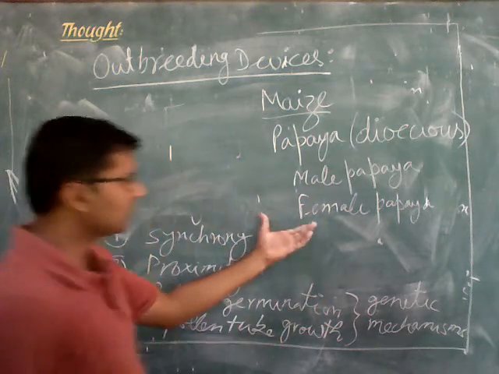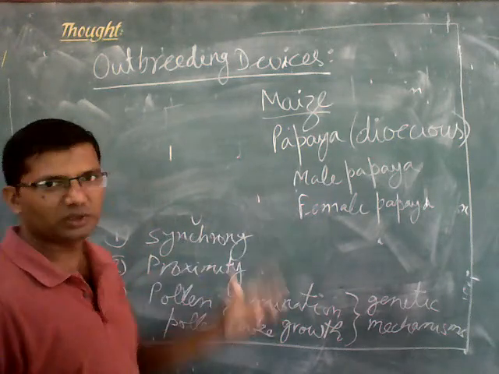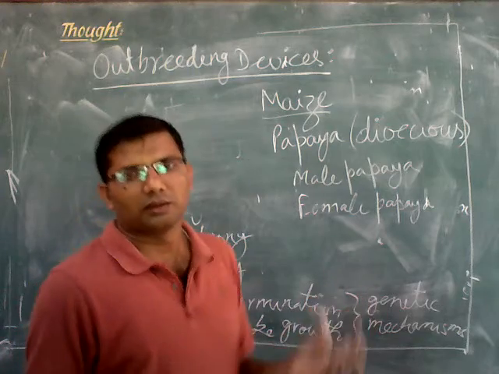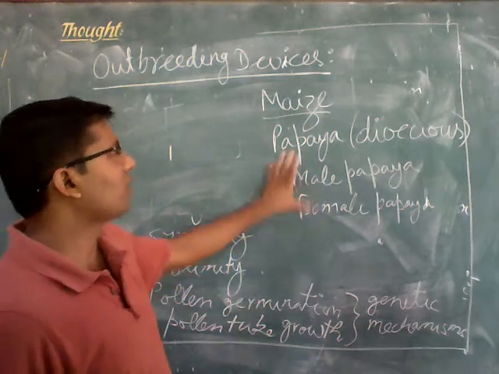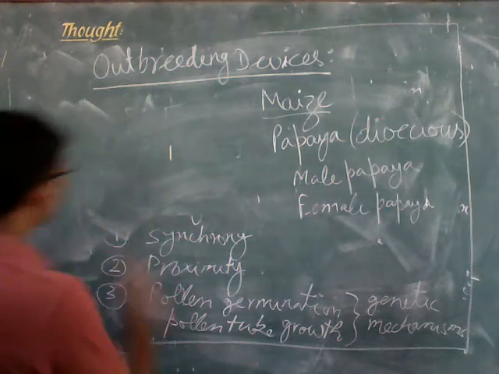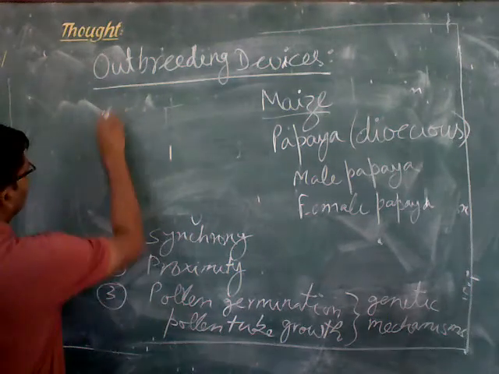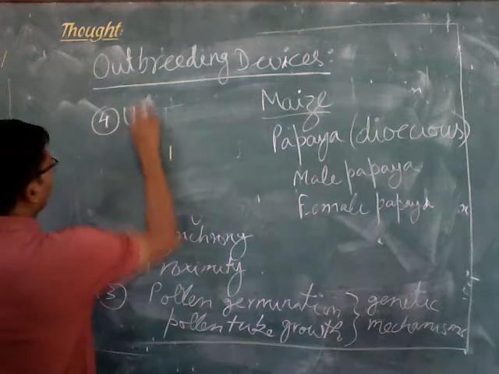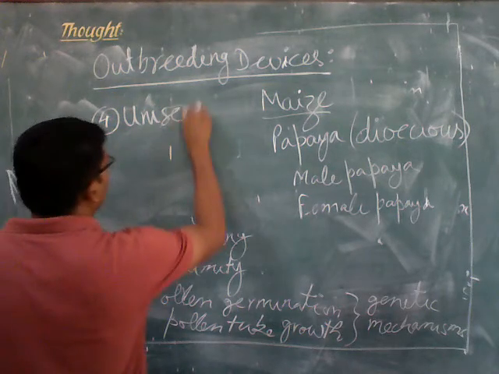So if such a mechanism is there, obviously it is not possible to have autogamy in such situations. So nature has also evolved other mechanisms. The fourth one is the unisexual flower.